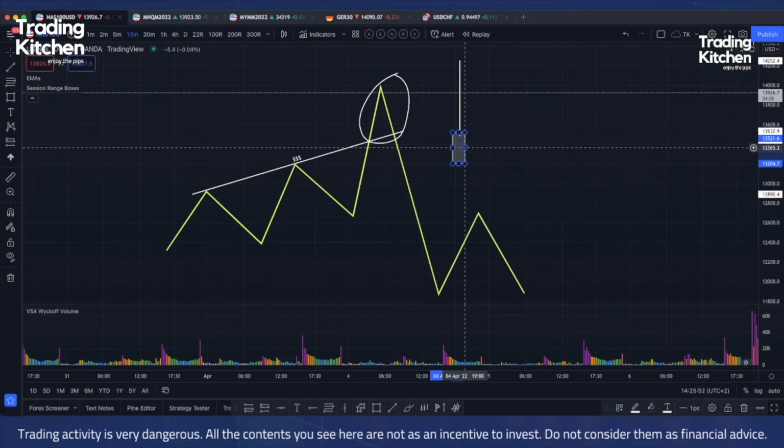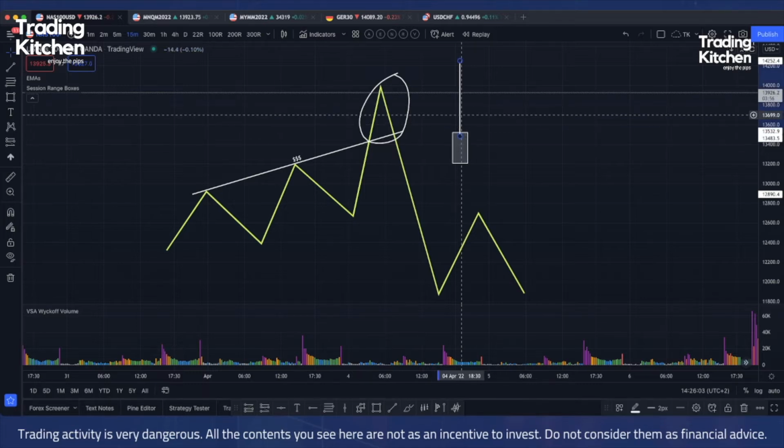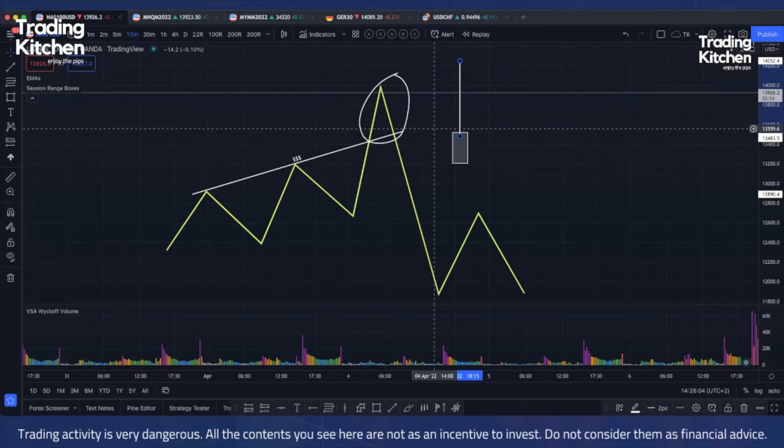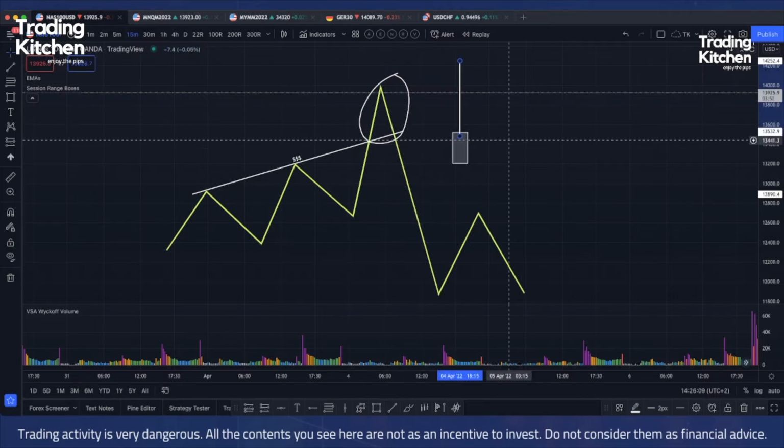and a short body. This is the origin of the pin bar. But it's not the pin bar itself that makes a huge bearish movement, it's the manipulation. How can you see the manipulation?